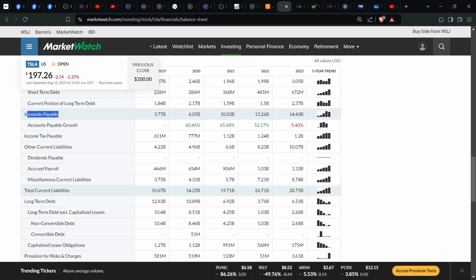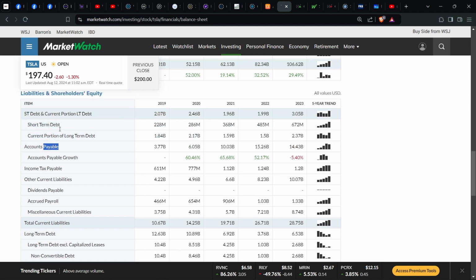These are goods and services that the company has received on credit. So this is money they are supposed to pay out to other companies, probably to pay the suppliers. In this case, it's mostly to pay the suppliers of raw materials or other services.